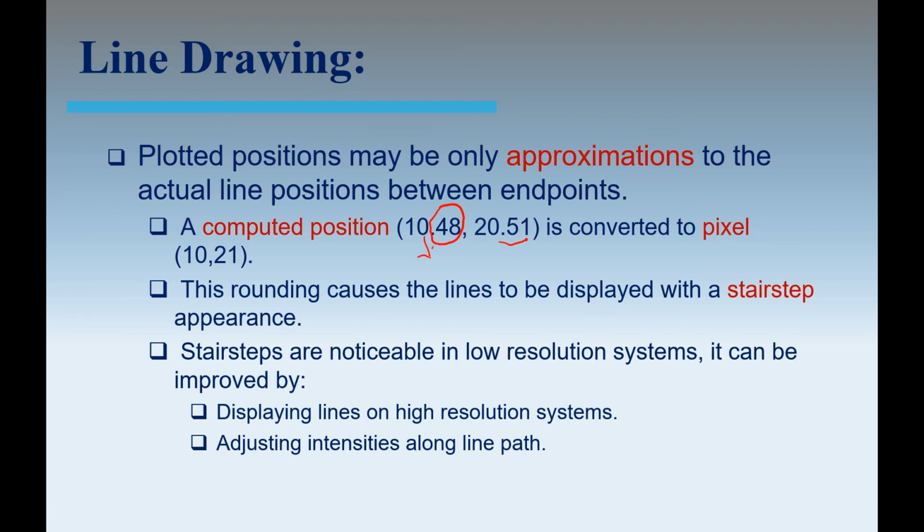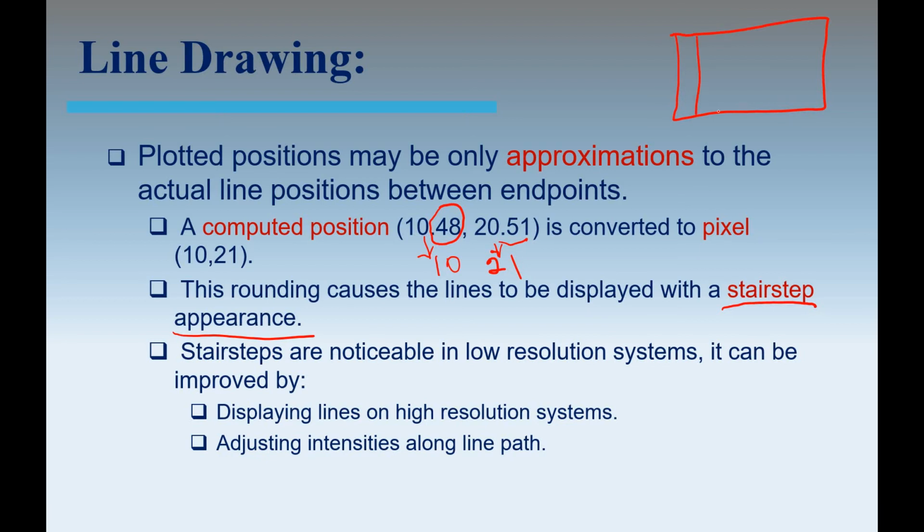If we have 10.49, we round it down to 10, and if it is 20.51, because it is above 0.5, we round it up to 21. Since we are rounding up and down in pixel position, it will cause a stair step appearance, as we have understood before.